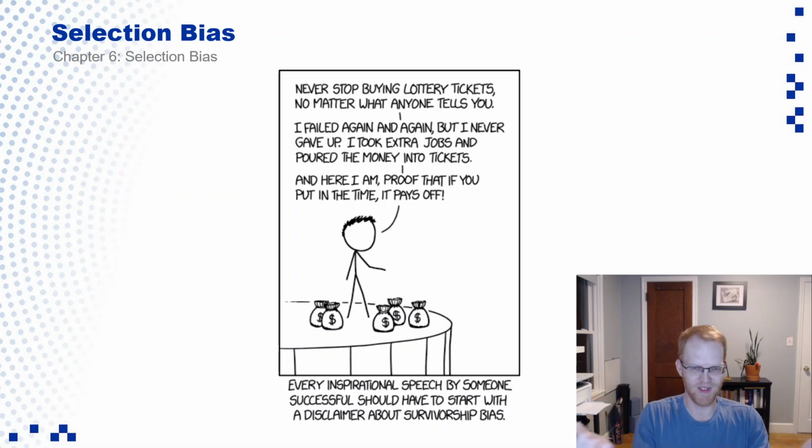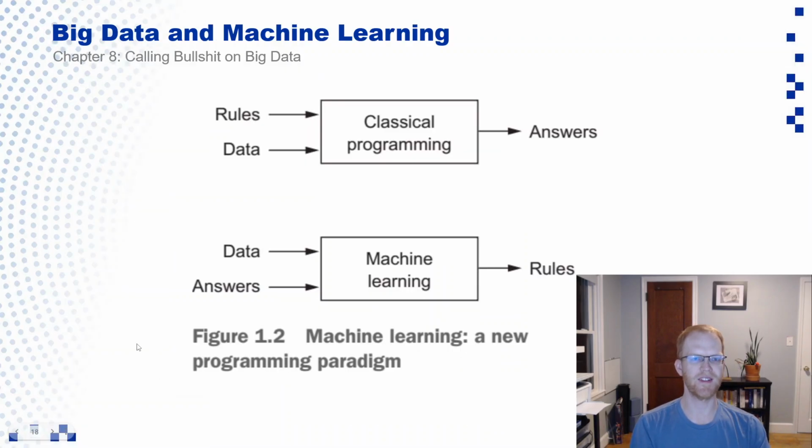It's just someone's going to win. And again, that winner did nothing different in the coin flip case or the lottery buying case, where the results are truly random, than anyone else. But we go and we search for an explanation, and this happens frequently. So selection bias, definitely something to watch out for.